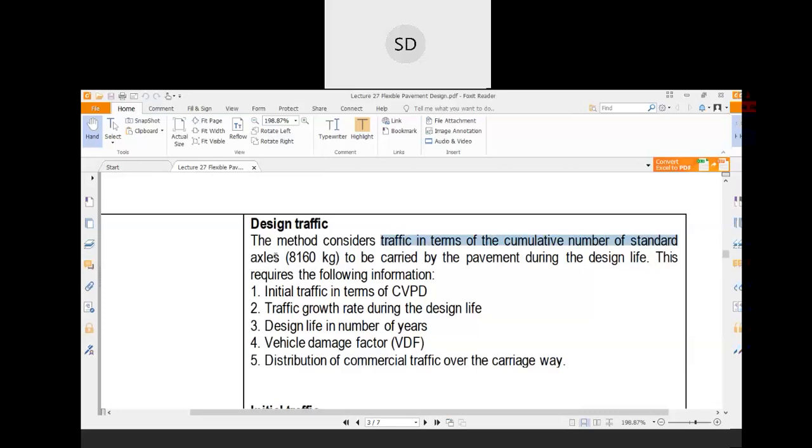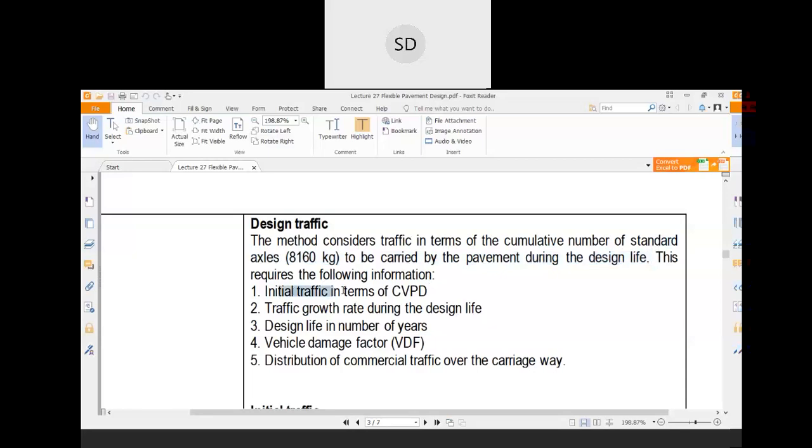Cumulative number of standard axles means the total number of repetitive loads for the standard axle load. This standard axle is considered as 8160 kg, or similar to 8 ton, to be carried by the pavement during the design life.